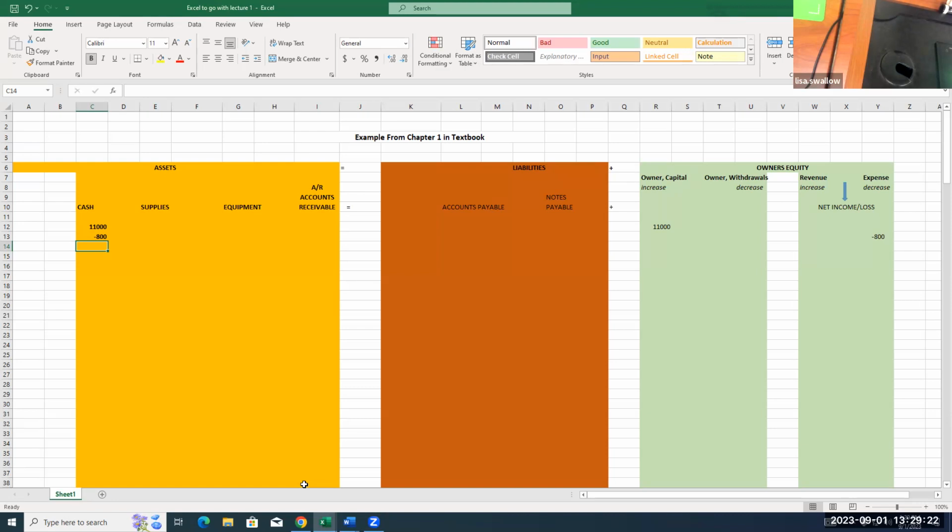Make sure that your equation stays in balance when you're done putting it in. And let's just practice using our plus and minus signs on everything at this point, so we know if it's making the account go up or down.